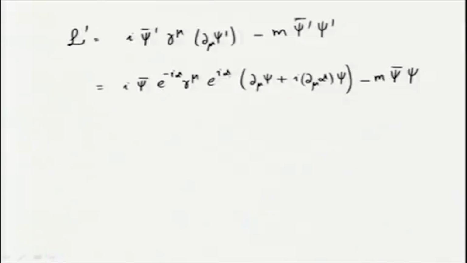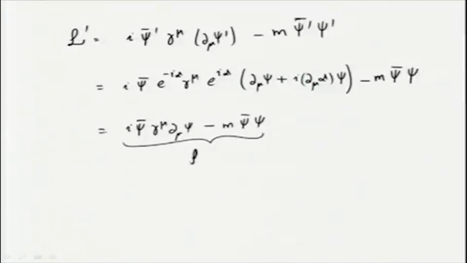The exponential factors indeed cancel, but the problem is that in addition to the original Lagrangian, which is these two terms, you have a term with an i there and an i here.